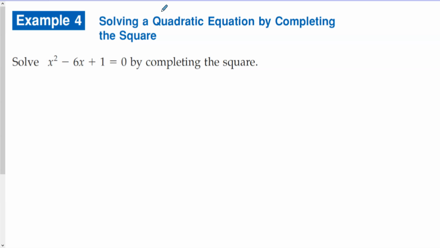Alright, the third method for finding the solution to an algebraic equation is called completing the square. Now, completing the square just means you're going to make this equation look like a perfect square equation.